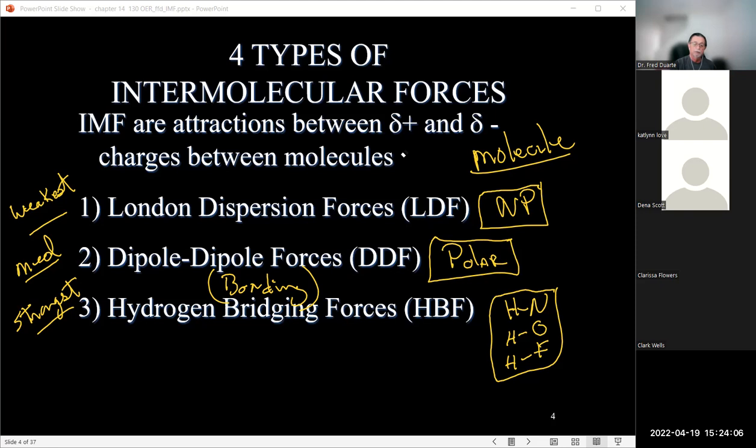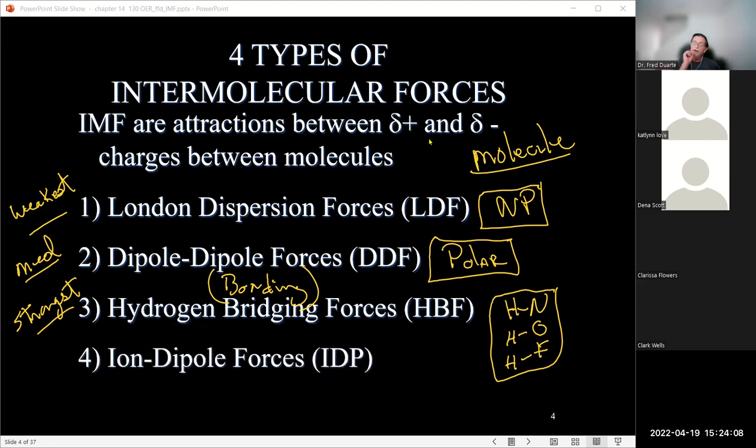Okay, and finally, the last one is called the ion dipole force. Well, point number one, they talk about ions. So most of the time, the majority of the time, if it says it's an ion, then we're talking about ionic compounds. That's what we're talking about.